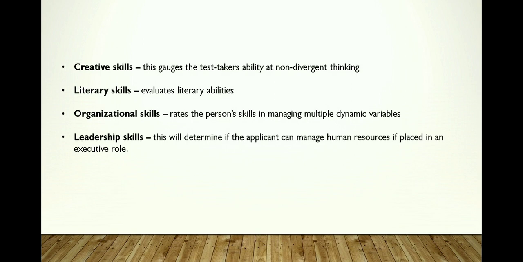Kasi with regards to organizations, there are really different types of variables that people would encounter. So aptitude tests that adhere to this type of testing will rate the person's skills in managing said dynamic variables. So next naman po is leadership skills. This will determine if the applicant can manage human resources if placed in an executive role.